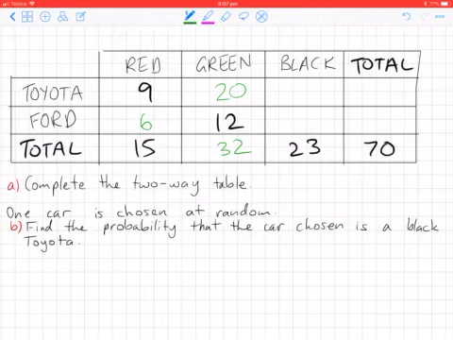Now, this part here, we also need to total in. We also need to work out what the numbers will go here and here. Okay, so I think I'm missing a bit of information, because these could actually be anything.